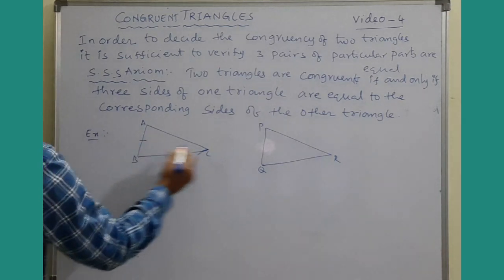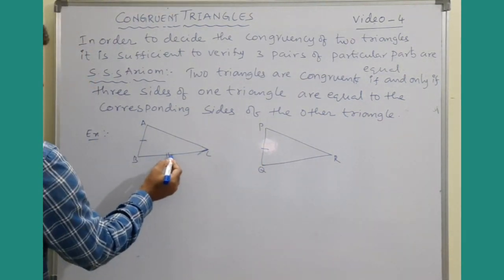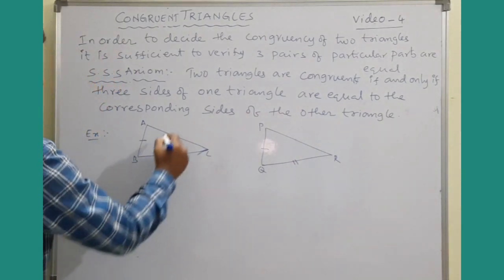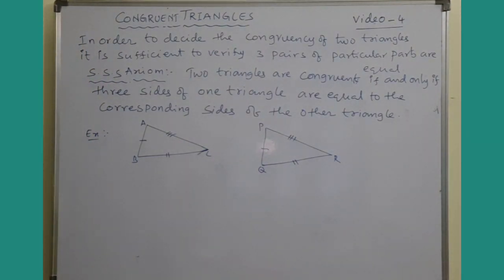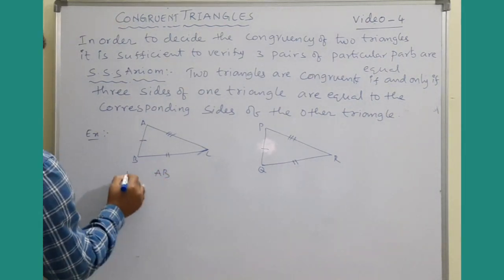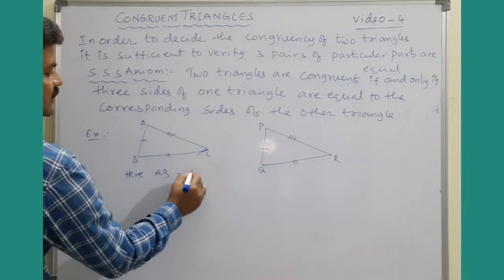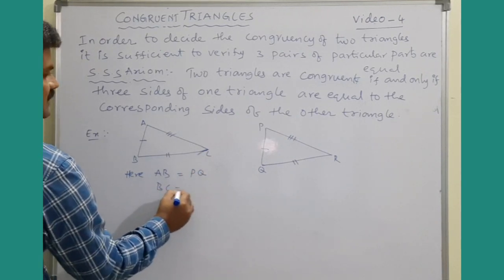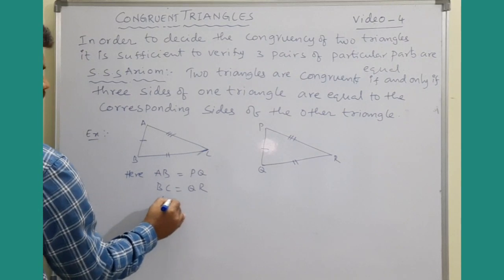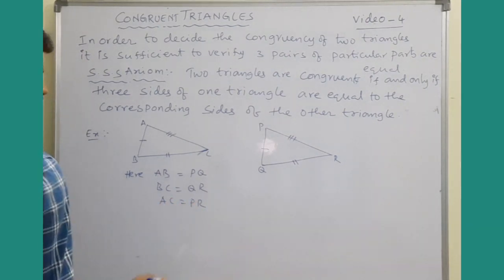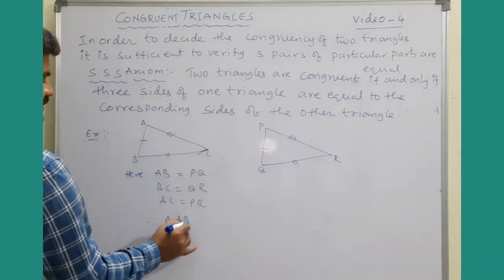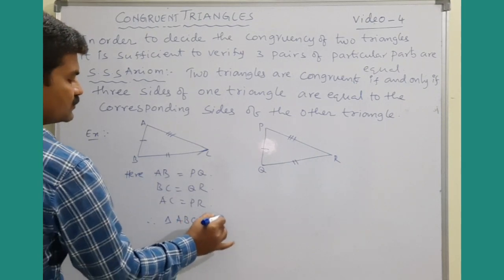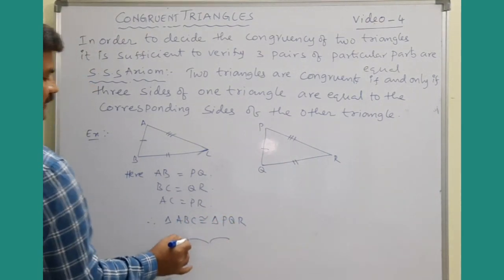I mean AB should equal PQ, BC should equal QR, and AC should equal the corresponding side PR. AB equals PQ, BC equals QR, AC equals PR. Then, because of the three sides, I can say that triangle ABC is congruent to triangle PQR.